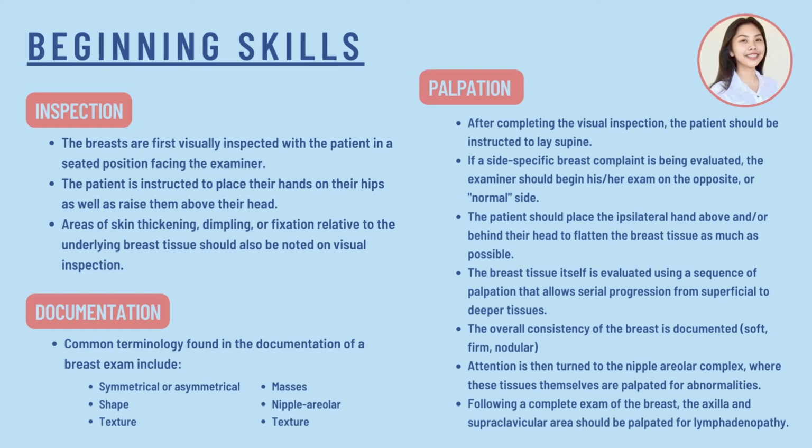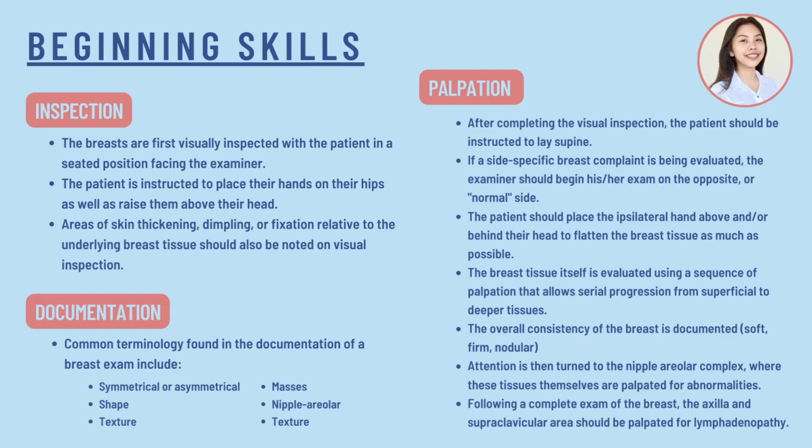For inspection, the breasts are first visually inspected with the patient in a seated position facing the examiner. The patient is instructed to place their hands on their hips as well as raise them above their head. This allows the examiner to assess the breasts in many positions and observe overall size, shape, symmetry, nipple size, texture, and color.